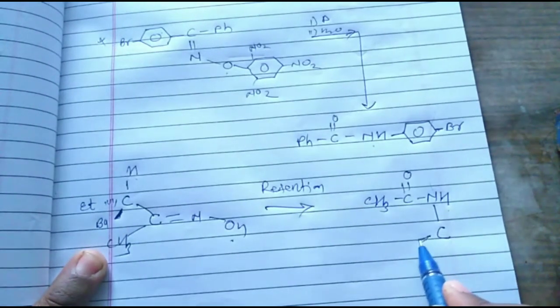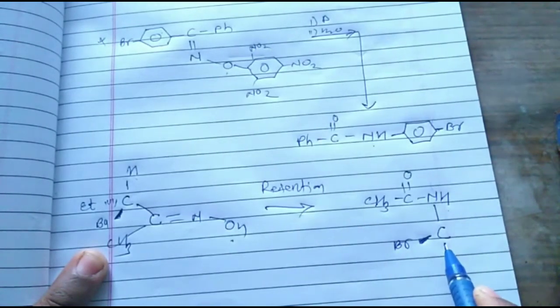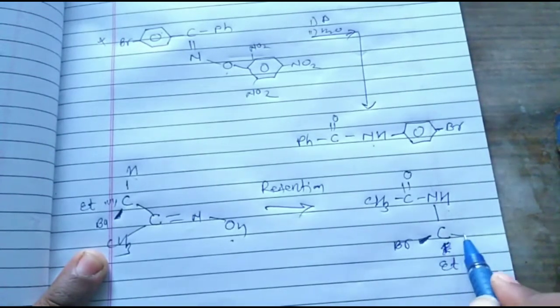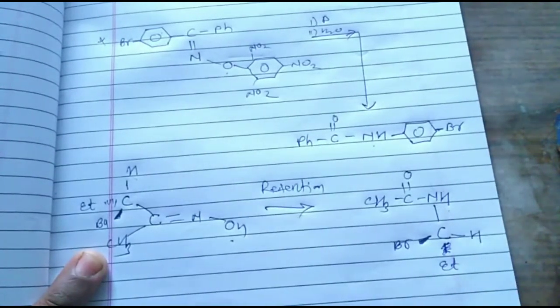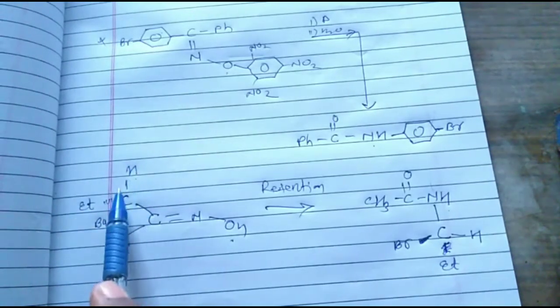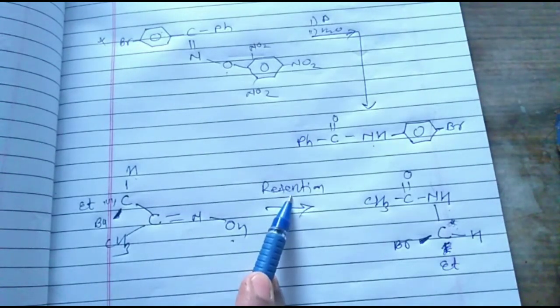That means there is no change of the stereochemistry of this compound. This is our product. If this is our configuration, then the product having the chiral carbon always has the same configuration, that is R. That is called retention of configuration.